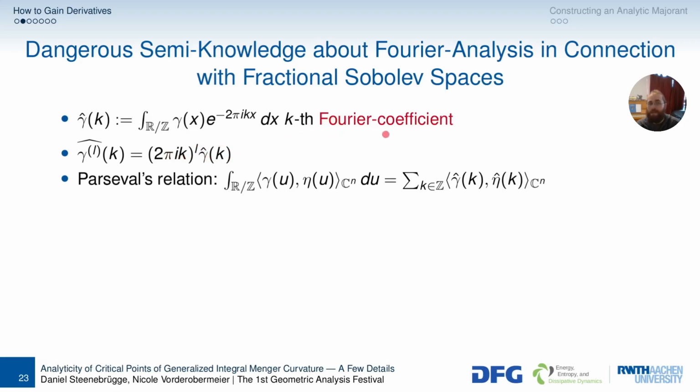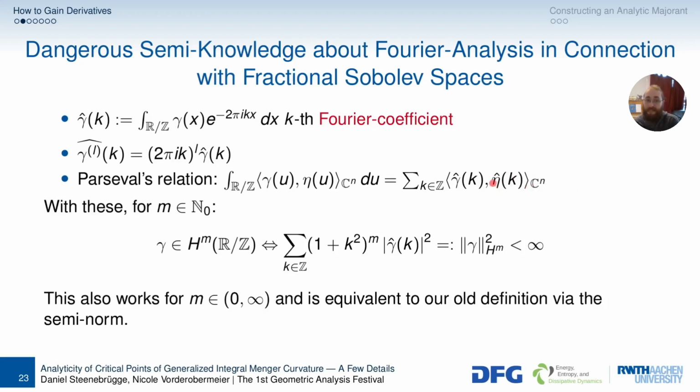So we have a really nice representation for derivatives. And lastly, we're going to need Parseval's relation, which just states that the L2 product of two functions is equal to the series over the complex inner products of the Fourier transforms of these functions.